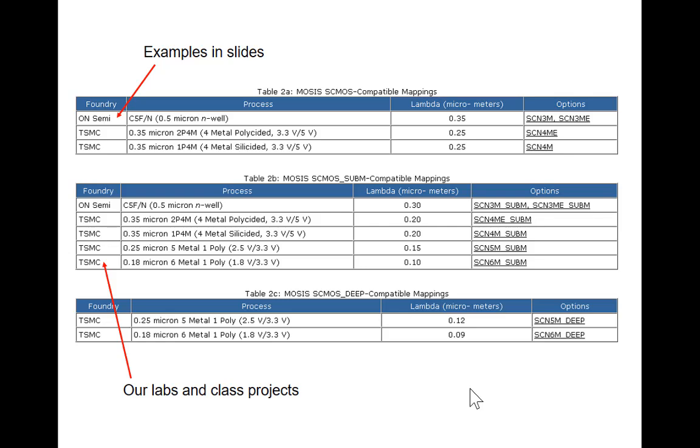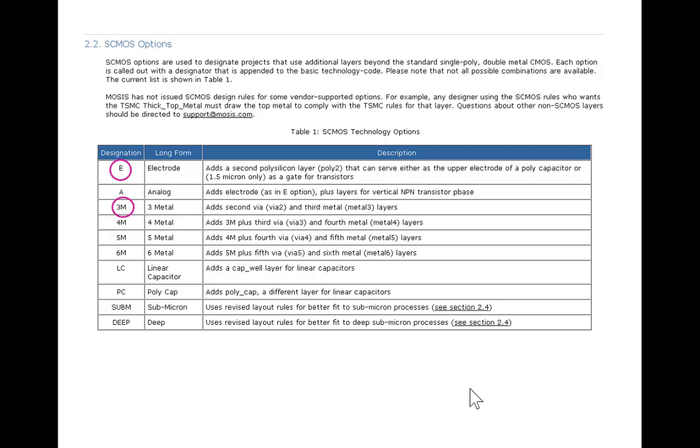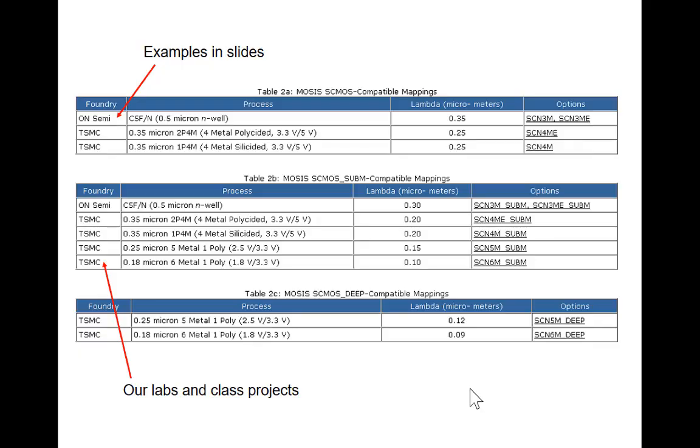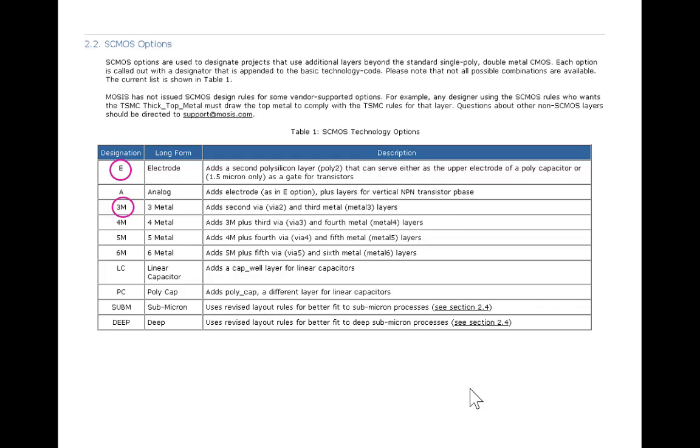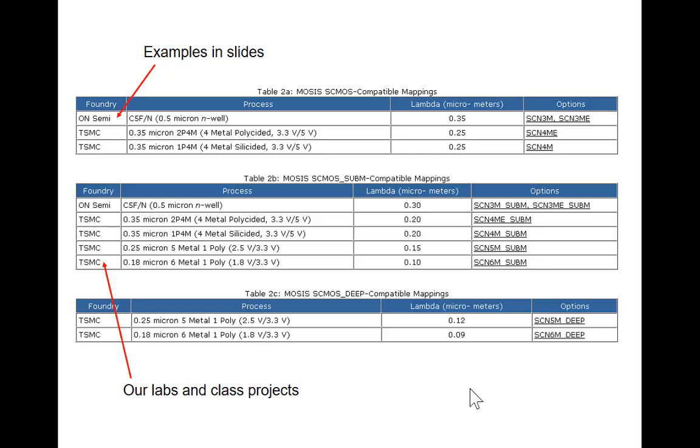So that's for that. In the options there you see the different names. The first S stands for scalable, C stands for CMOS, and N stands for N-well. For example, the one that we used last semester is SCN3ME. S stands for scalable CMOS, so you're using lambda-based rules.